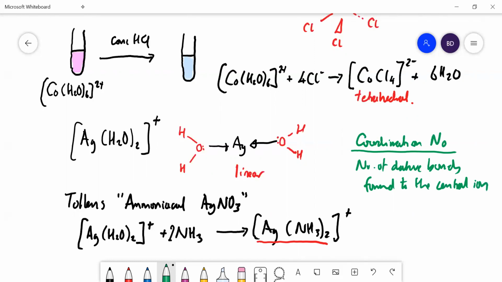So the coordination number in this one would be 2. In this one, it would be 6, and in the tetrahedral complex here, the coordination number would be 4. Okay, we'll leave it there.